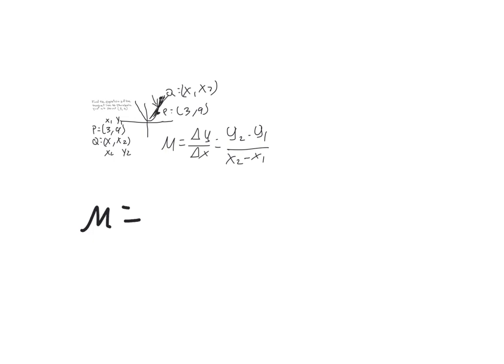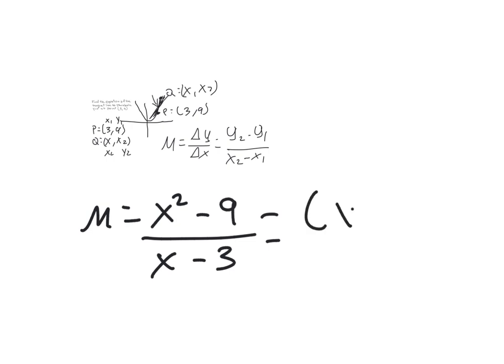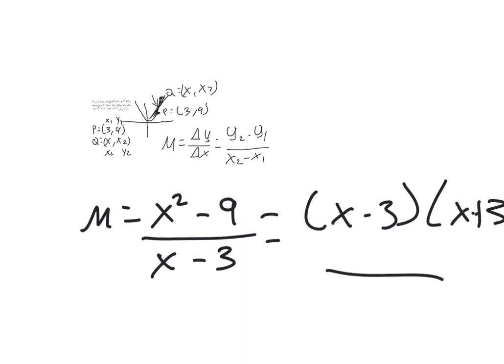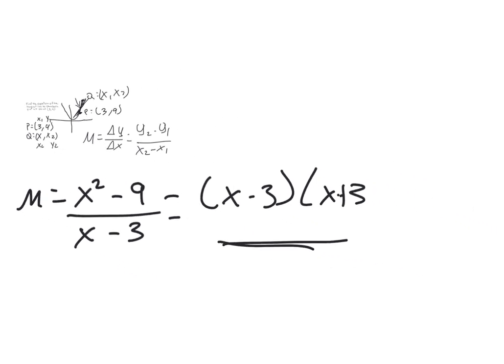m equals x squared minus 9 over x minus 3, which if we simplify, is x minus 3 times x plus 3, divided by x minus 3.